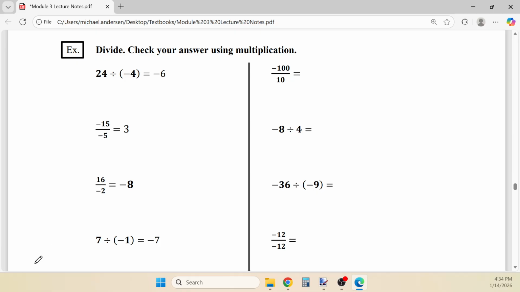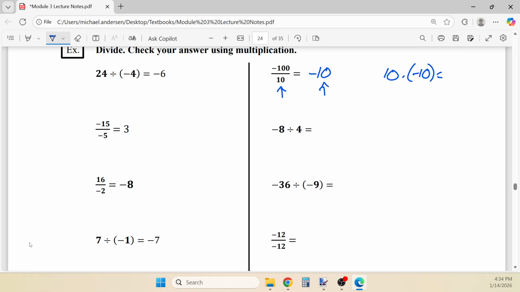Check your answers using multiplication. So, for instance, if I do this, I'm going to get negative 10. I check this by going 10, that's this number, times negative 10, that's this number, equals negative 100. And if I did it right, this number should be the numerator of the fraction. This one we get negative 2 is our answer, because a negative divided by a positive is negative, and 8 divided by 4 is 2.